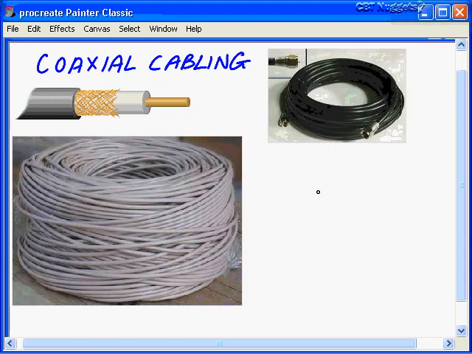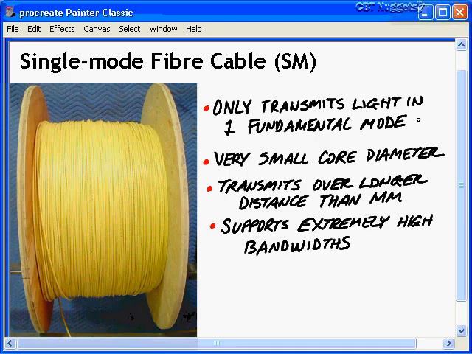And here's some more pictures of coaxial cable. This is the kind you're probably used to seeing with entertainment components, and here's a roll of coaxial cable as well. Single mode fiber, or SM or SMF, you can see here is a roll of it. It's called single mode because it only transmits light in one fundamental mode or one path in the wire.